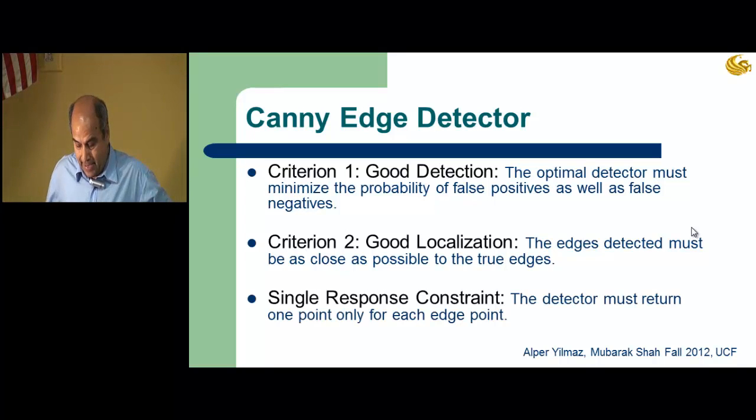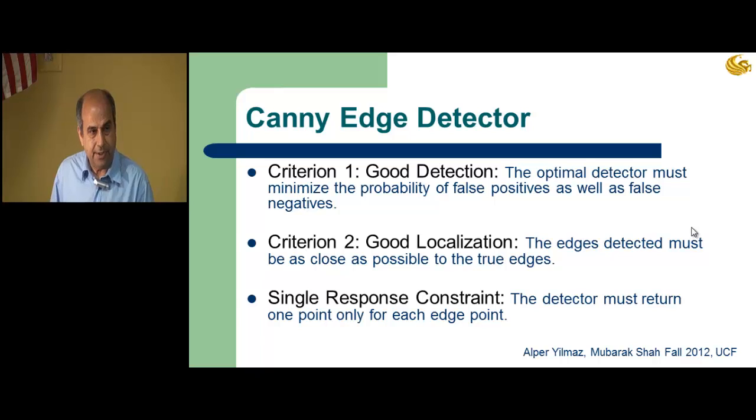And then third was the single response constraint, which means the detector must return only one point for each edge point. There should not be multiple points. So these were the criteria used by Canny.